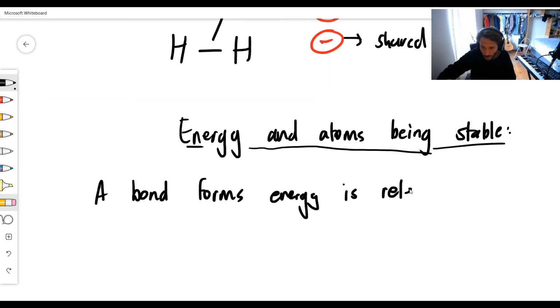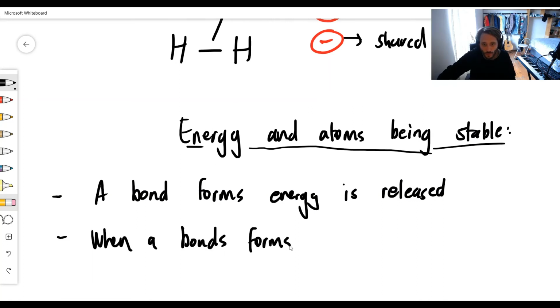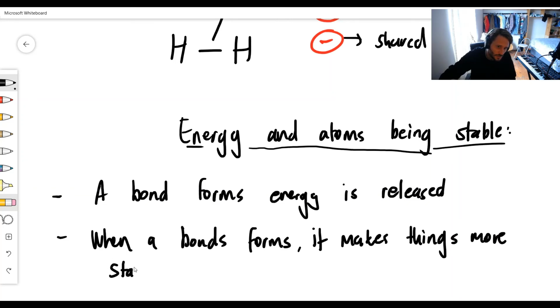In chemistry we talk about things being quite stable when bonds are formed. So we say when a bond forms, just for now, let's say it makes things more stable. This is not the best way to describe it, but I just want you to keep this in mind when I'm going to talk about my example.